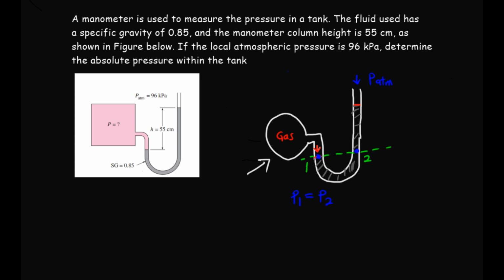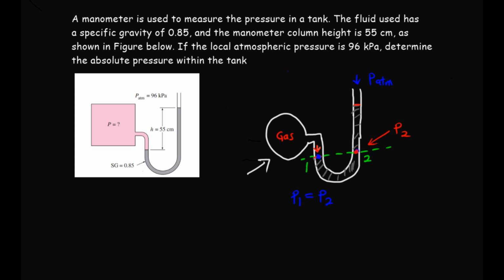So looking at P2 here, this is where P2 is, the pressure at point 2. So let's say I want to calculate the pressure at point 2. How are you going to do this? To calculate the pressure at point 2, that will be equal to the sum of the pressure due to the fluid column above the point and the atmospheric pressure.